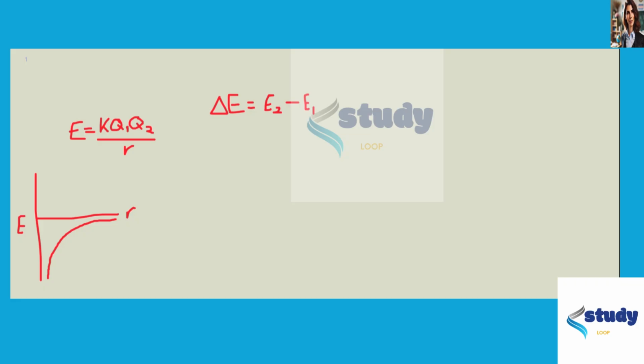As we move them apart, our E2 value becomes larger and larger, so E2 is going to be greater than E1. That means that as we move them further apart from r1 to r2, delta E is going to be greater than 0.